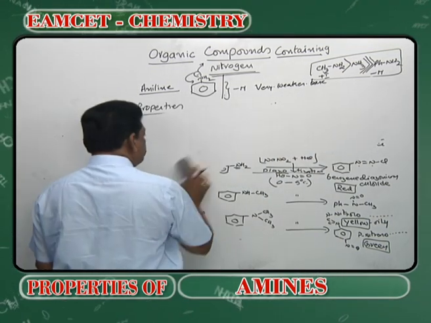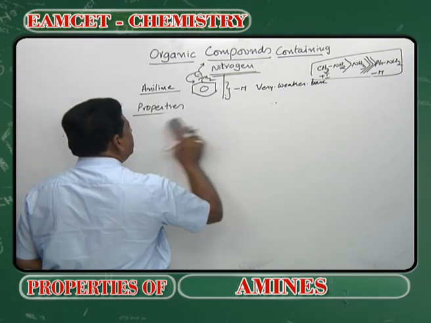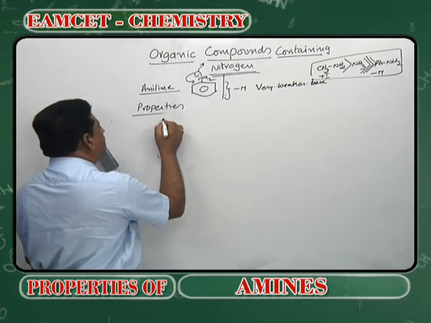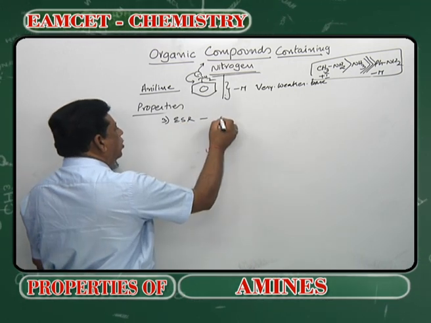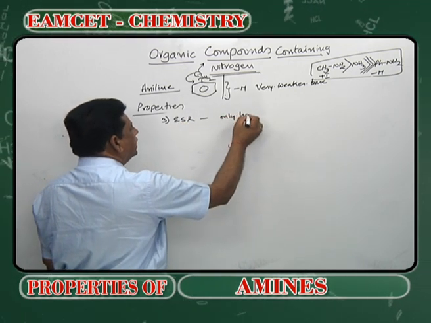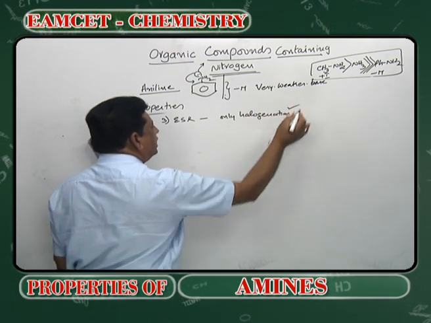Aniline undergoes some electrophilic substitution reactions, but not all. Under this, only halogenation is perfect, with chlorination and bromination.